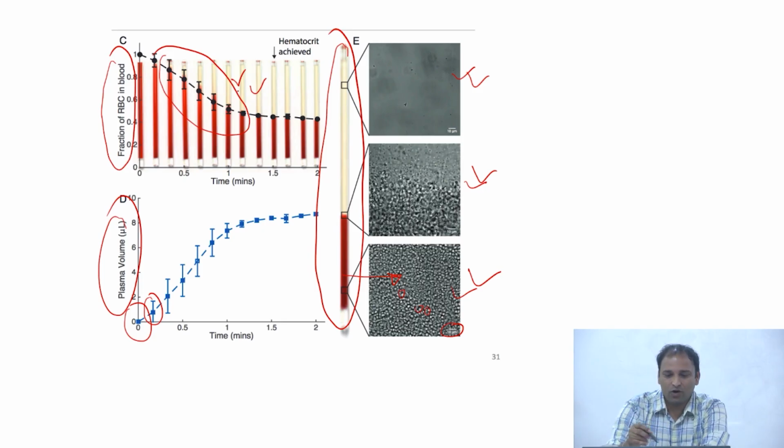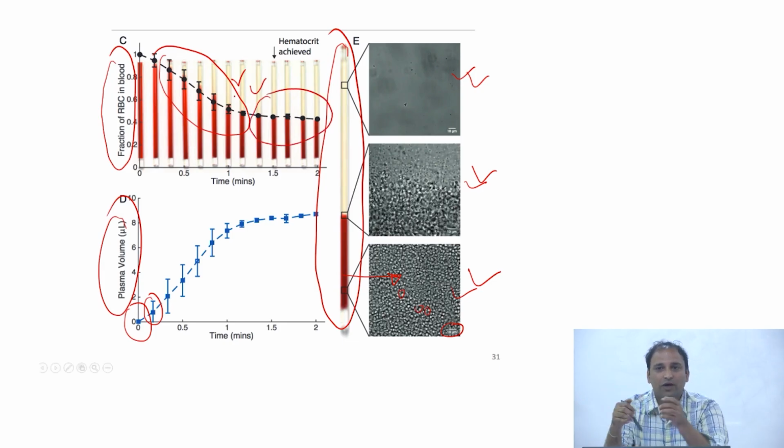But the point is that you reach some kind of plateau if you wait for a sufficiently long time. That means at that point all these RBCs are packed. There's no more space for them to sediment further, even if you continue prolonged centrifugation.